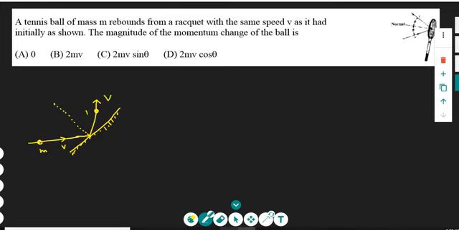They have also given that this angle is theta, and this angle is the same value, also theta.